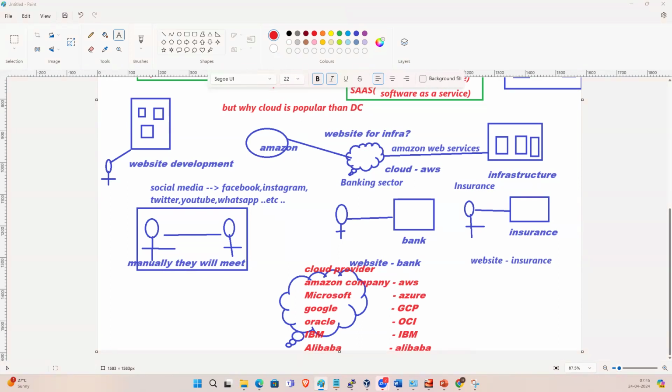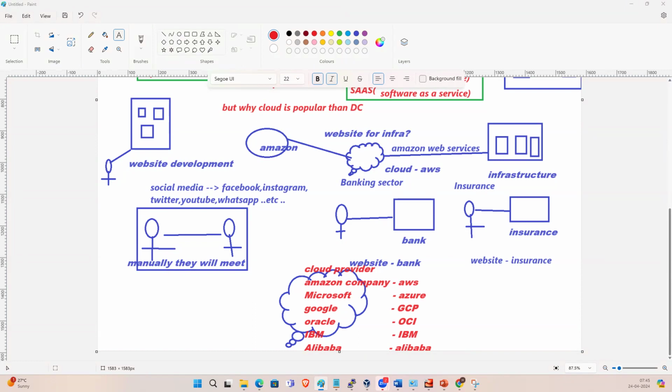So guys, next, Lavanya. Amazon company, AWS, Microsoft Azure, Google GCP, Oracle OCI, IBM, Alibaba. These are the cloud providers.